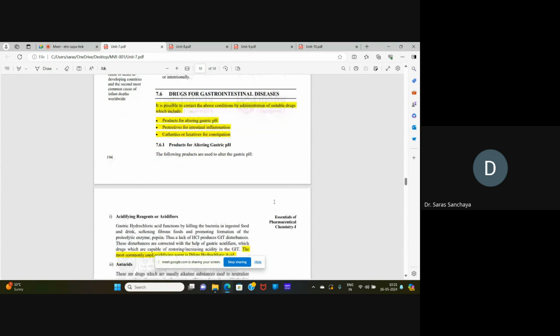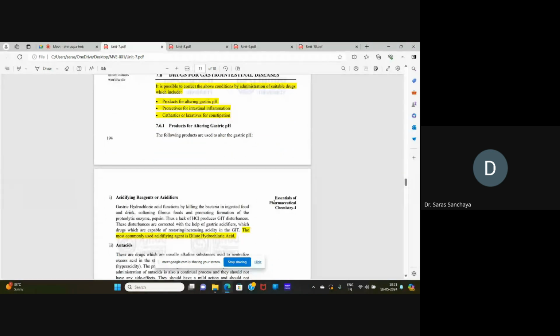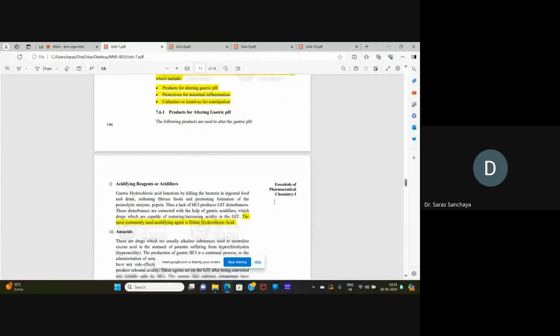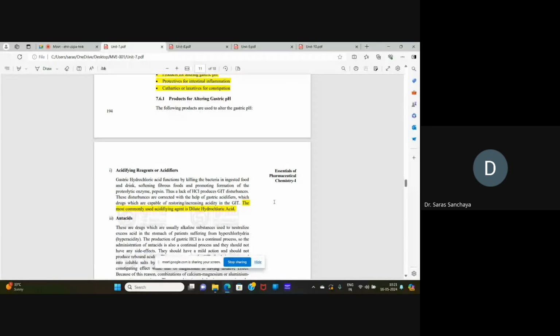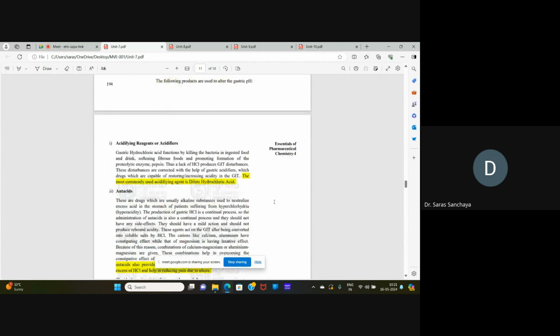Now we can divide products for altering gastric pH as acidifying reagents or acidifiers. The most commonly used acidifying agent is dilute hydrochloric acid. In a condition where acid has decreased, we can increase the acid concentration by using dilute hydrochloric acid. Then there are some antacids.